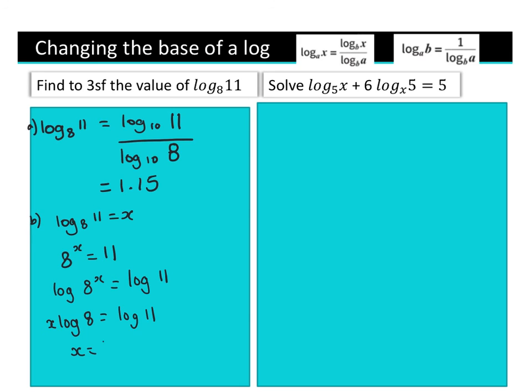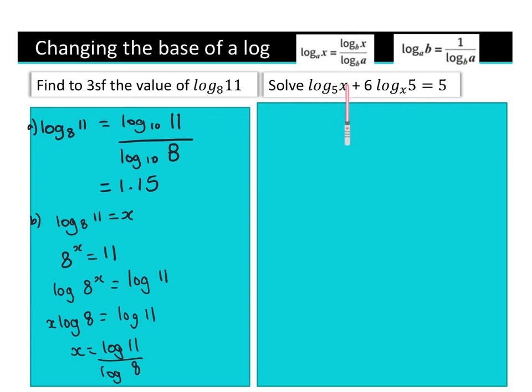That means that x equals log 11 over log 8. And what we've done here is we've proved this rule by using what we know about taking logs to both sides. Okay, and this will yield the same answer. It will say change the base in the question if it wants you to do this, okay?